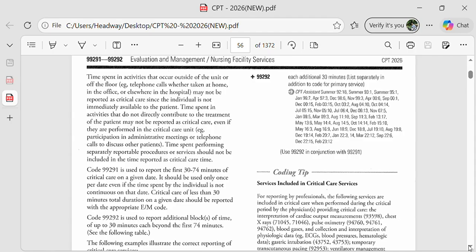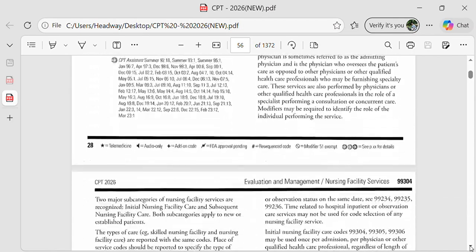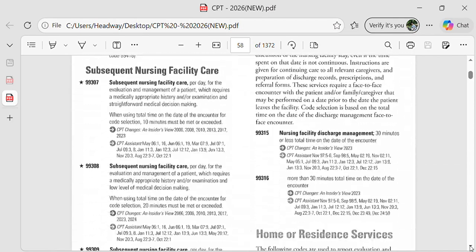Is everyone done with yesterday's questions? Yes. Okay, this weekend we will discuss next, tobacco counseling, that means the 99406 code. Double 99406.